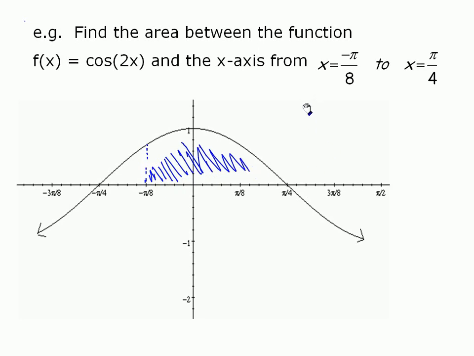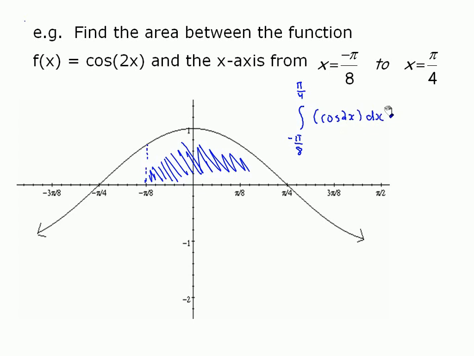Really what we're looking for is the definite integral with a lower limit of negative pi over 8 with an upper limit of pi over 4, and then the function itself is cosine 2x. And keeping in mind always with these that the antiderivative of the given function produces the area function.